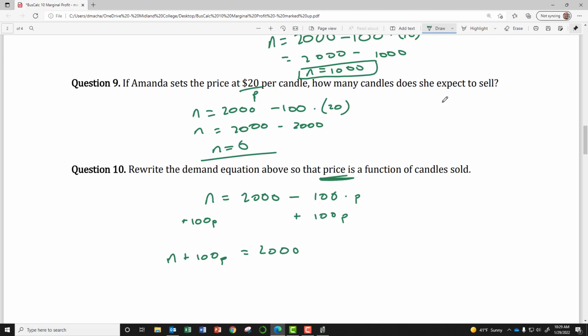2,000, because those cancel. Again trying to solve for p, I'll subtract N from both sides.